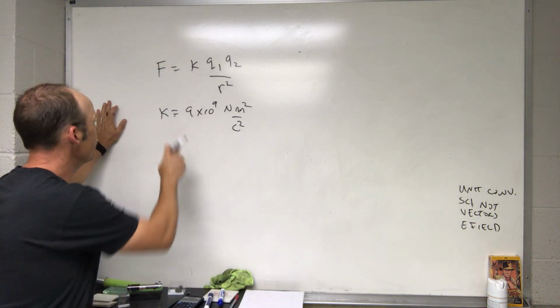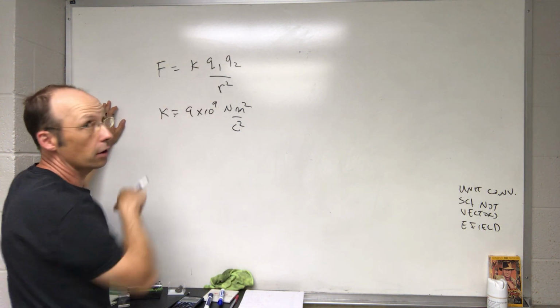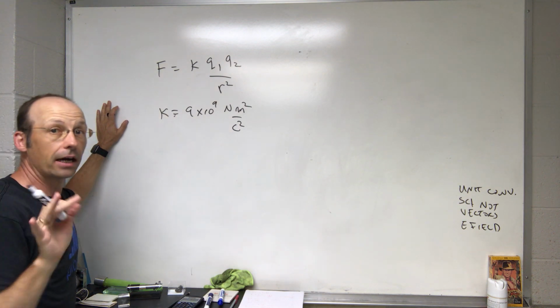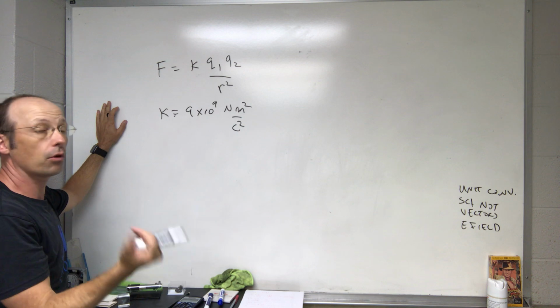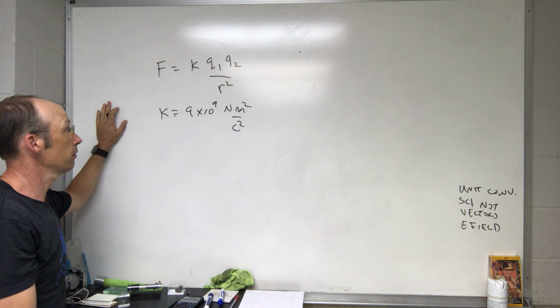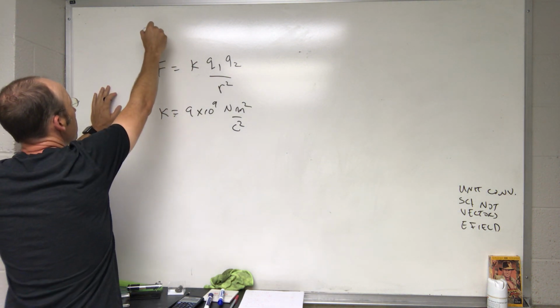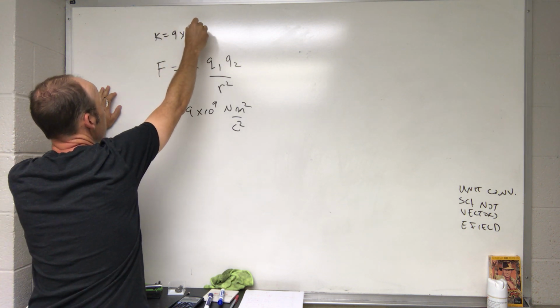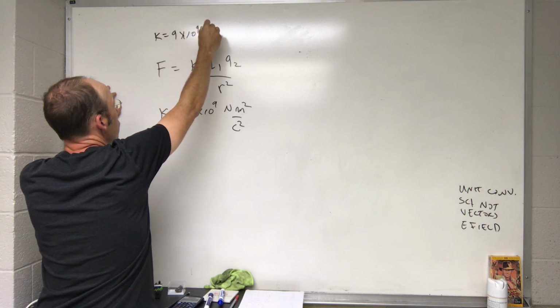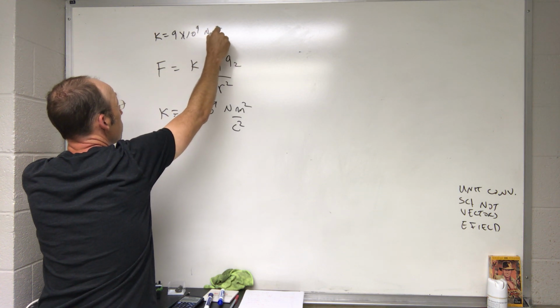This gives us the magnitude of the force between those things, but it's not super useful because everything's written as a scalar value. Once we get to more complicated problems, this is just worthless. This constant's important, so I'll put it up here: K equals 9 times 10 to the 9th newton meters squared per coulomb squared.